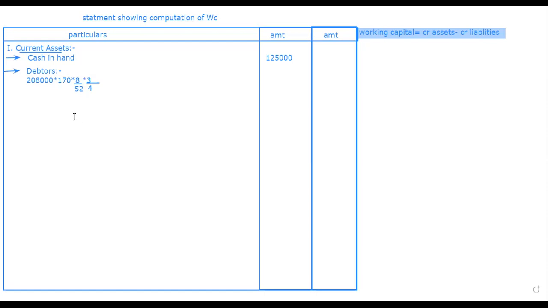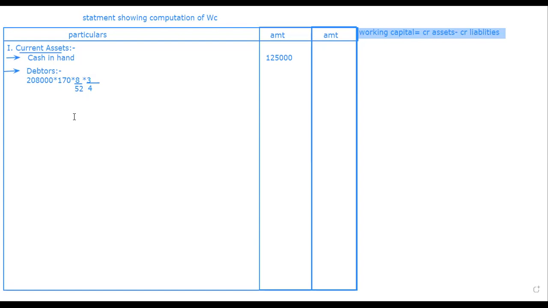What is this one? 8 by 52 means we are giving our customers 2 months' time. As I said, I am converting every piece of information into weeks. So 2 months means 8 weeks. Out of the total weeks in a year, we are only picking 8 weeks, so it should be divided by 52 total weeks.